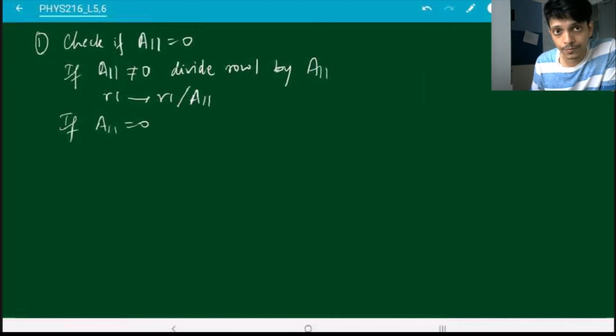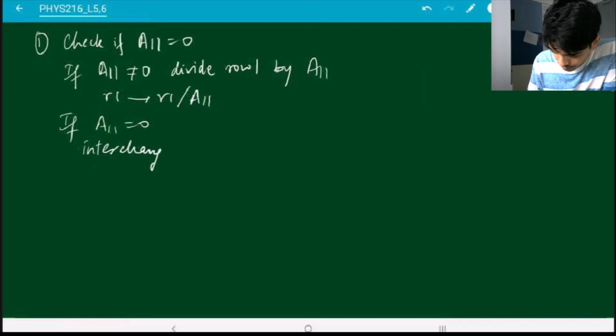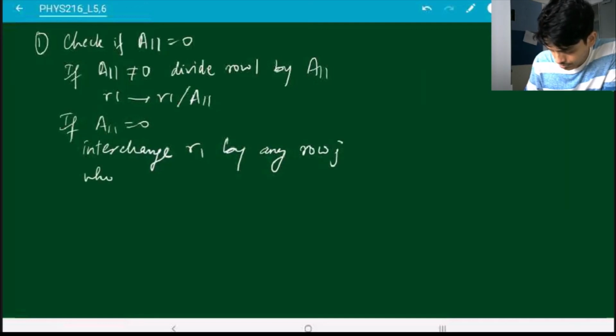But if A11 is equal to 0, then you can't scale the entire row by A11. So what are you going to do? Then you interchange your entire first row with whichever row under it doesn't have a 0 sitting in that first column. So if A11 is 0, then interchange R1 with any row j whose first element Aj1 is not 0.